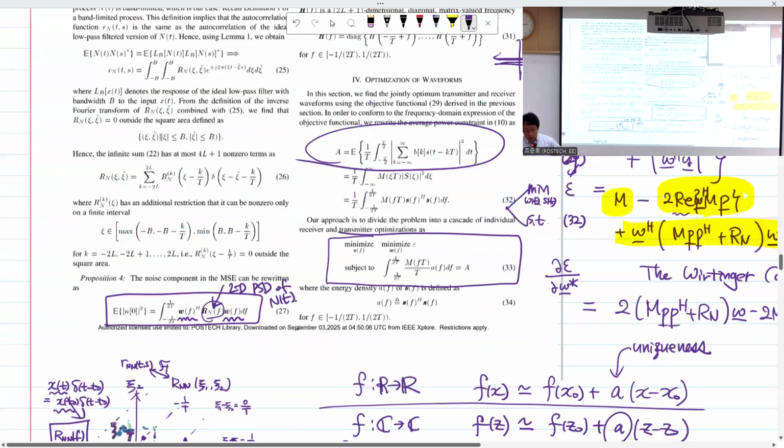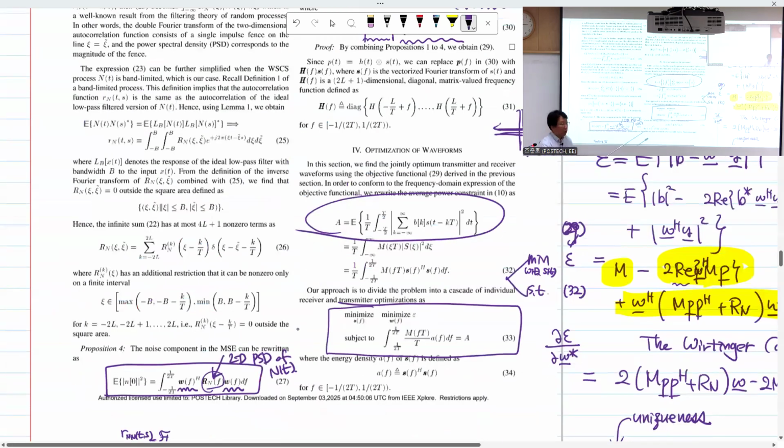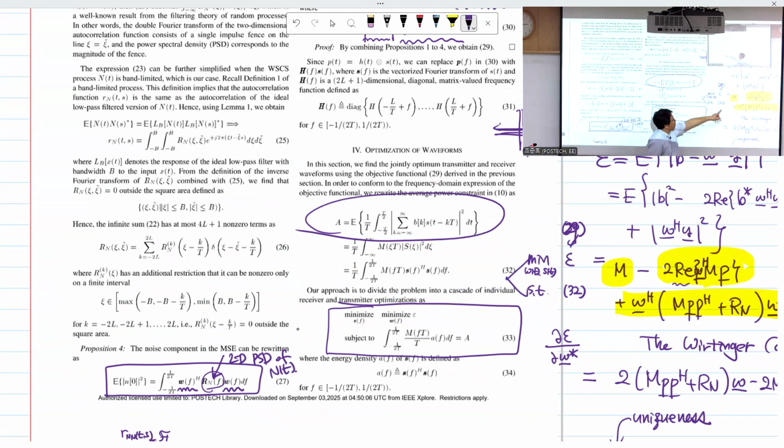And here, fortunately, your original problem has two decision variables or parameters and a constraint set.